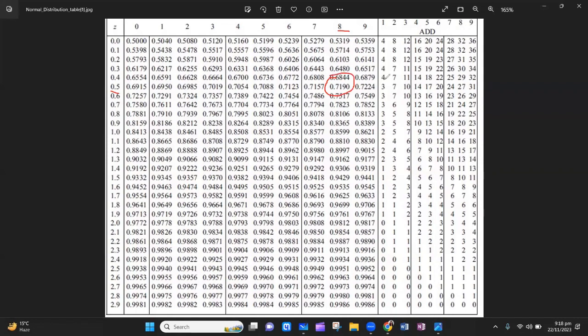Then add another 8 to it, which is 27. So add 27 to it: 0.7190, and sorry, not 28, 27 in the last 2 digits. So we get 0.7217.